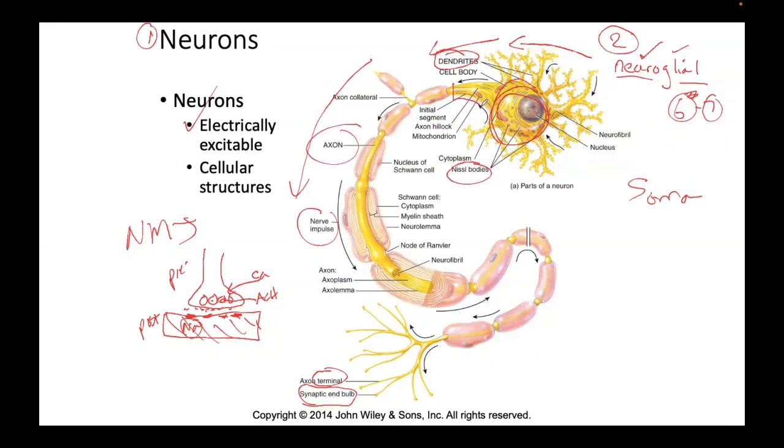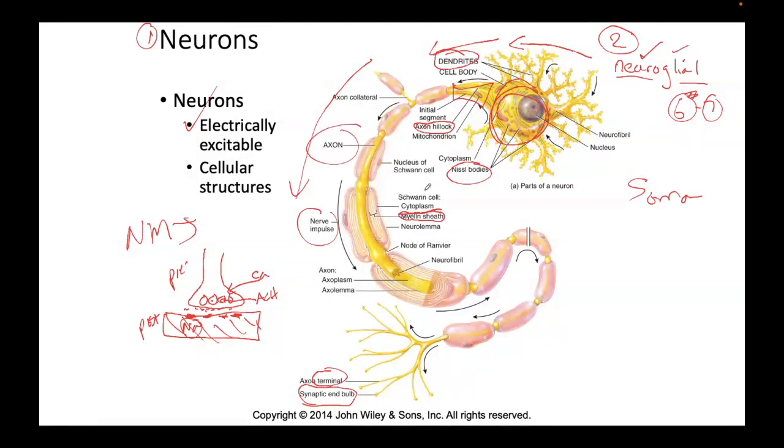The dilated part of the axon right here is the axon hillock. That's the axon hillock. Notice that the axon, which is the yellow, over here, is protected by this myelin sheath. Myelin sheath is cholesterol, fat. That's what the myelin is. It's fatty cholesterol.